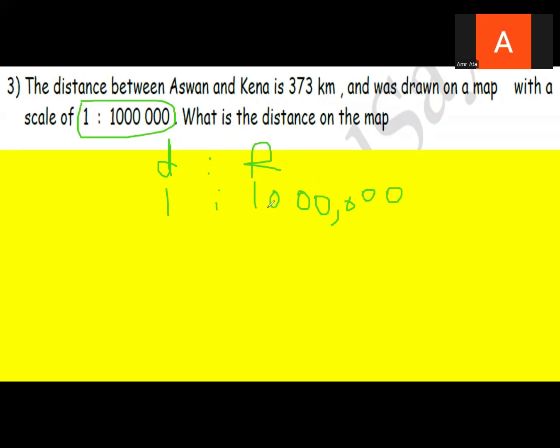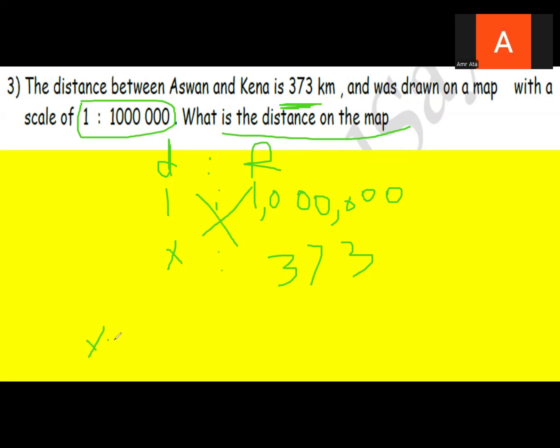Okay. The distance between Aswan and Qina is 373 kilometers. This is the distance in real, so I will write it here, 373. What is the distance on the map? You want the distance in draw here, so I will put X and make cross multiplication.